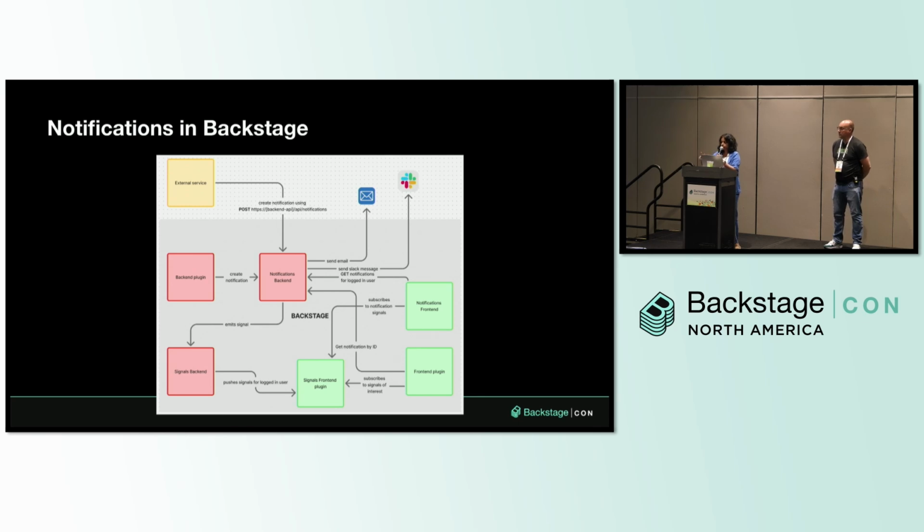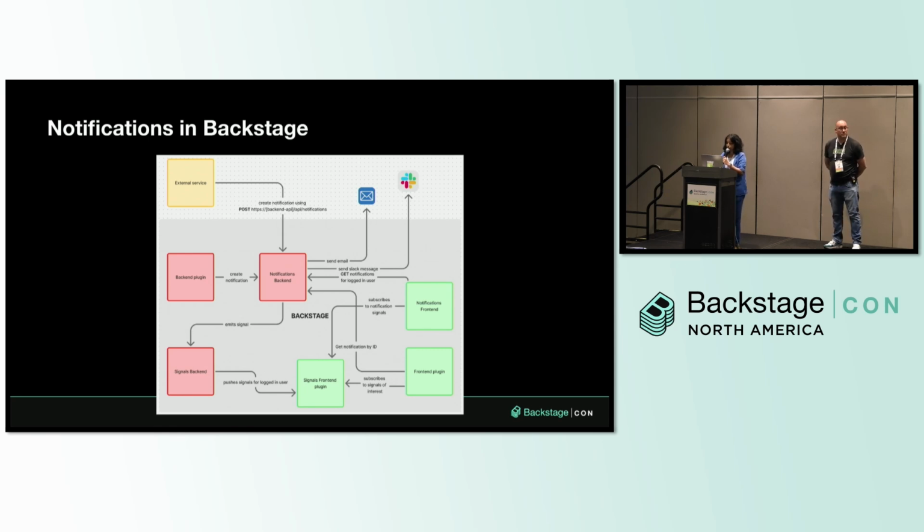So you could have a notification channel on which notification signals are published, and various frontend plugins could be subscribed to signals of type notifications. That lets you create real-time notifications in the frontend plugins' UI. Frontend plugins could also fetch specific notifications using a notification ID that gets created when the notification is first created by the backend plugin.